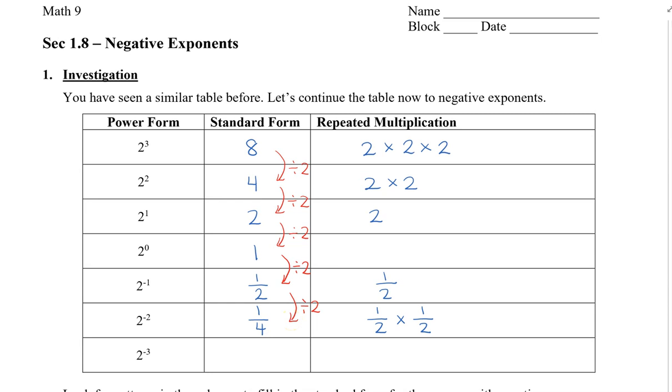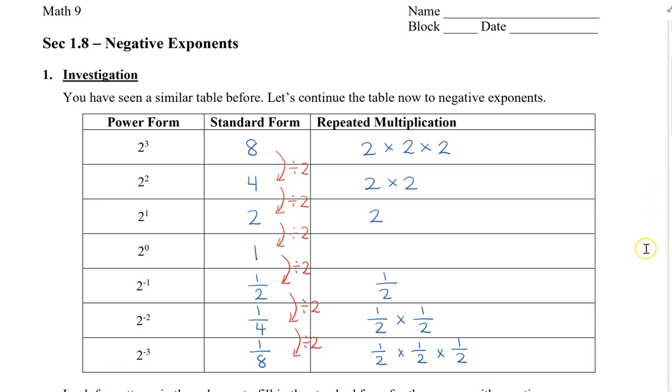And then finally, let's divide by 2 one more time. And so we have half times a half, and again, dividing by 2 means we're going to multiply by 1 over 2. So half times half times half is 1 over 8.